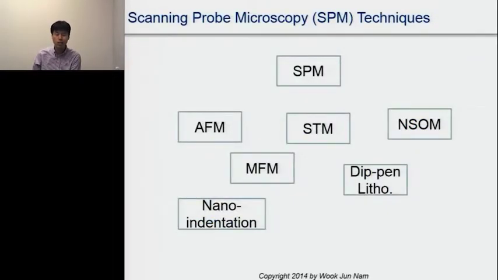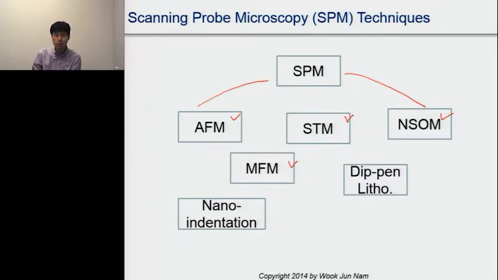So for scanning probe microscopy, very many techniques are available. One is atomic force microscopy, and then scanning tunneling microscopy, and then near field scanning optical microscopy, and then magnetic force microscopy, and there are lots of variants based on the signals these techniques use.